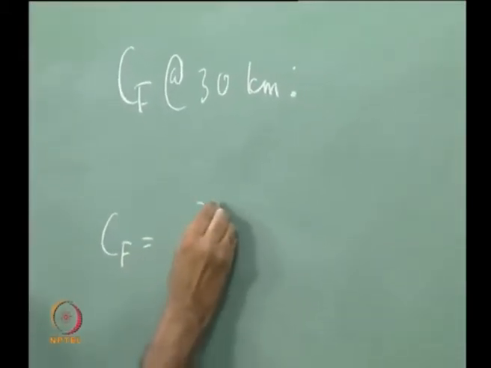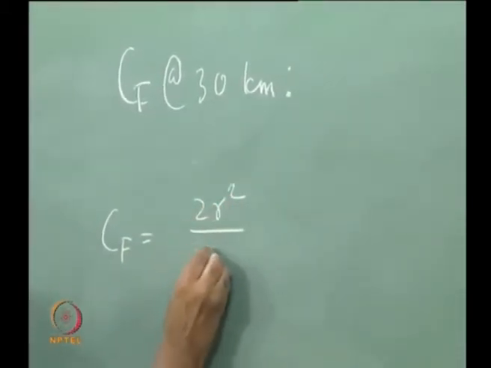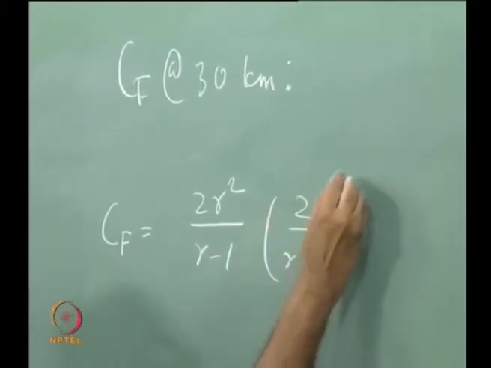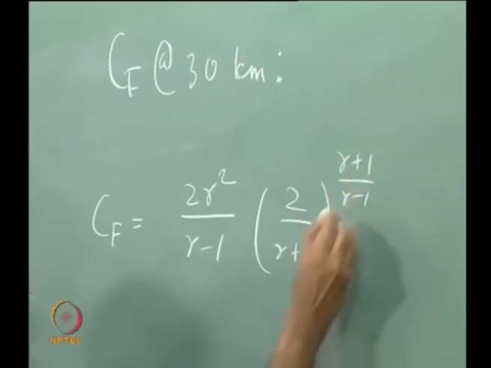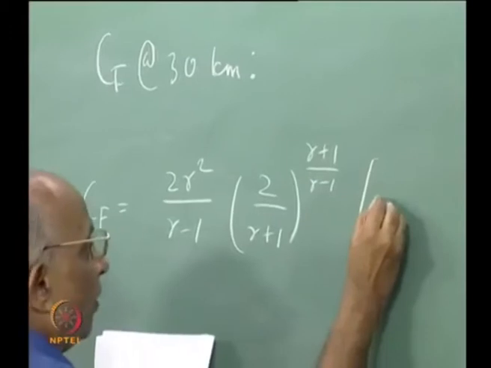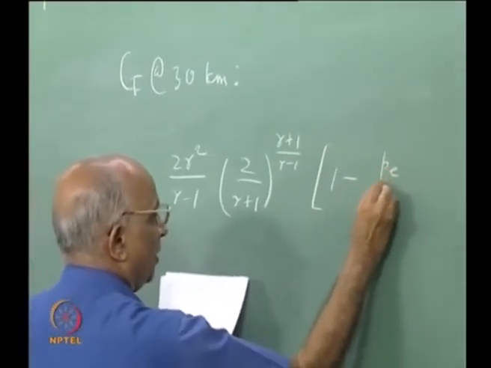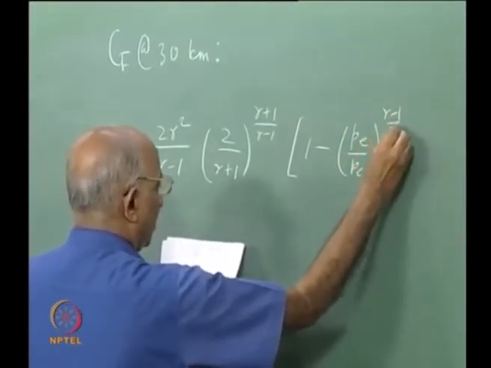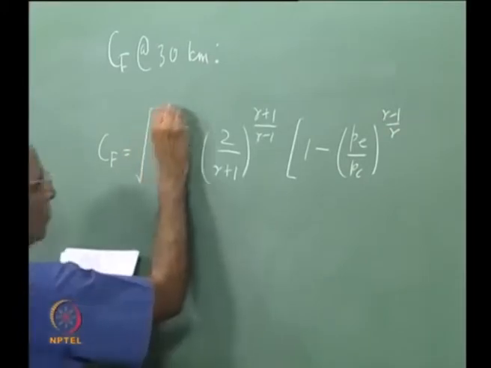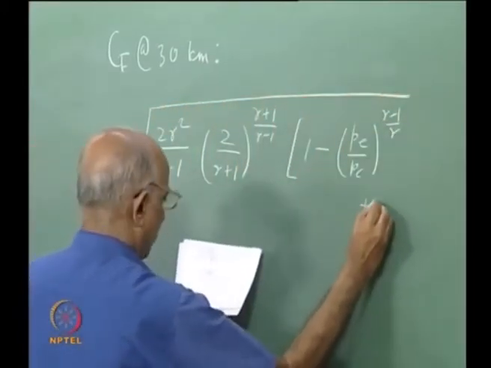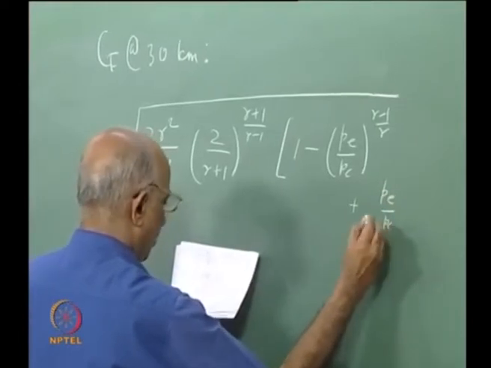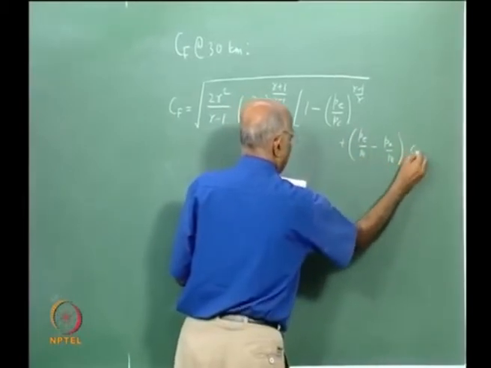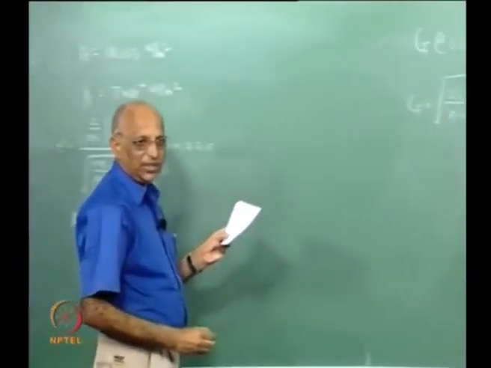CF is equal to 2 gamma square divided by gamma minus 1, 2 over gamma plus 1 divided by gamma plus 1 divided by gamma minus 1, into 1 minus P by Pc to the power gamma minus 1 by gamma, which is all under root, plus P by Pc. You will recall we did this in the morning, Pa by Pc epsilon. Please check.